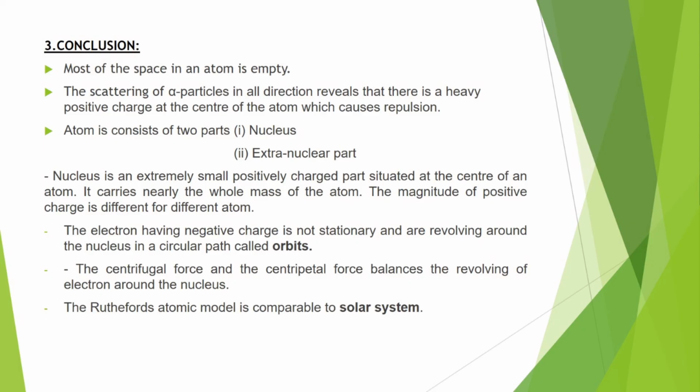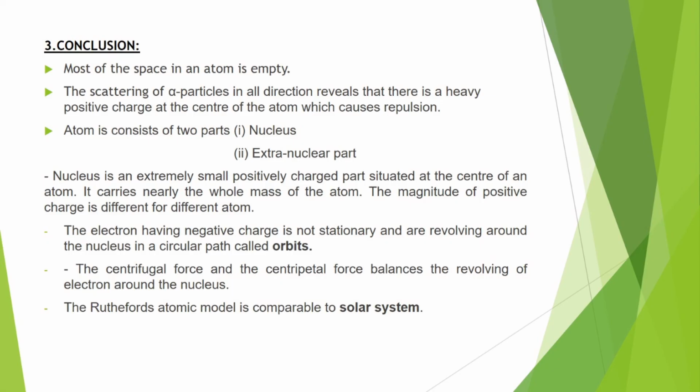Next, the scattering of alpha particles in all directions reveals that there is a heavy positively charged body at the center of the atom, which causes repulsion. As we know, alpha particles are positively charged particles. When they strike the gold foil and are repulsed back, it was assumed that there must be a positively charged particle present at the center of the atom.